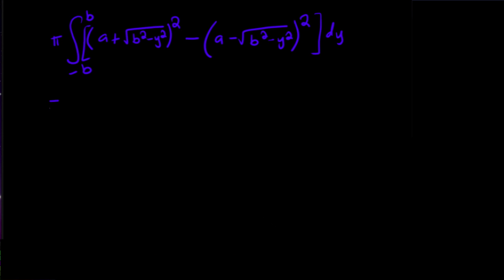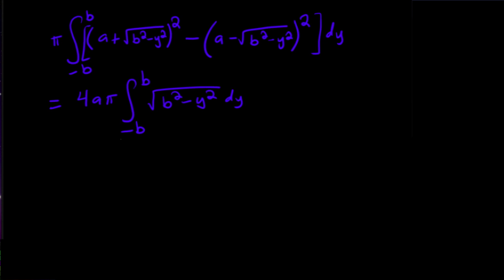If you simplify this a little bit, this is the same as 4a pi times the integral from negative b to b of the square root of b^2 - y^2 dy.